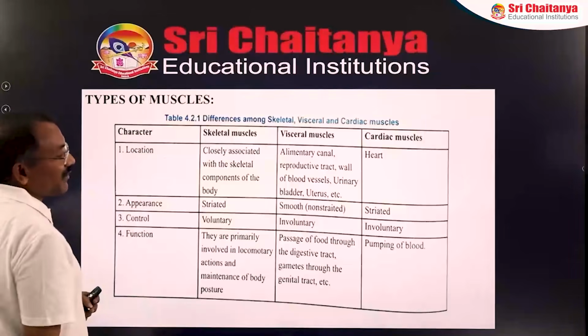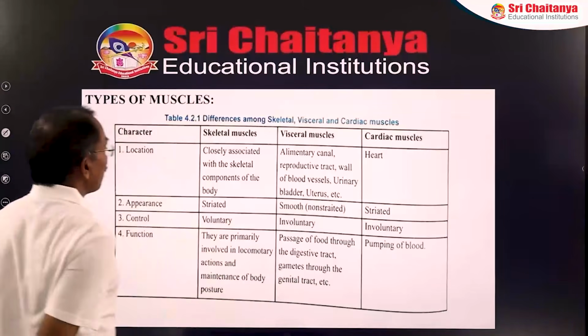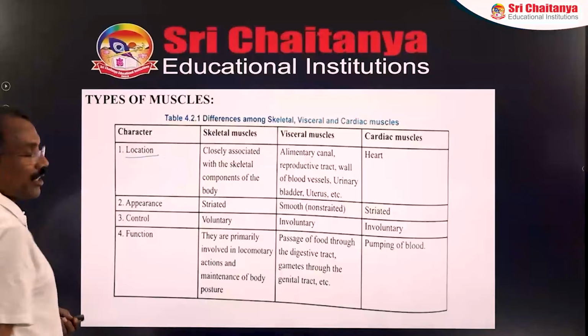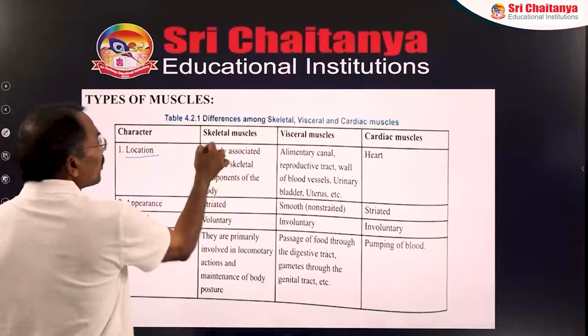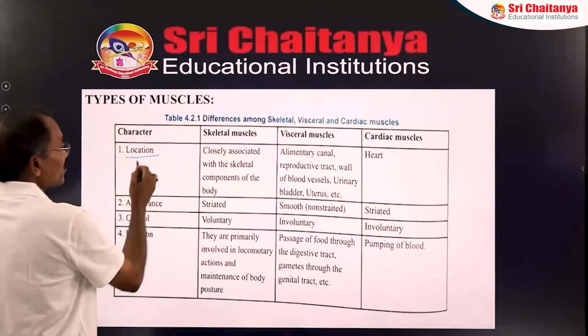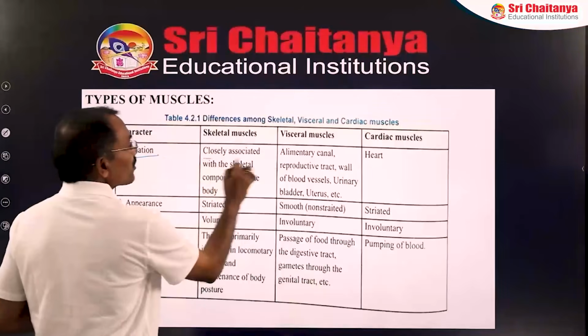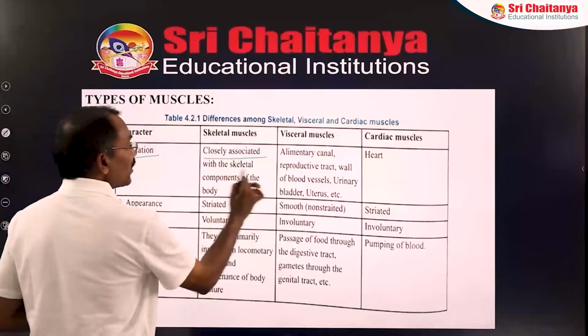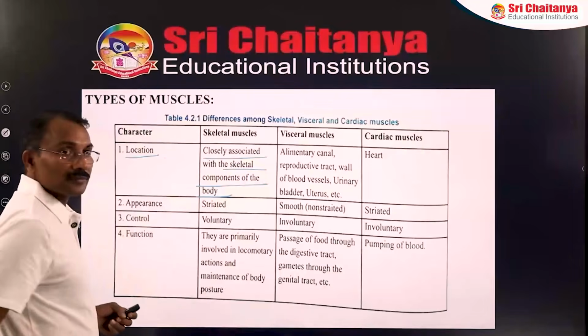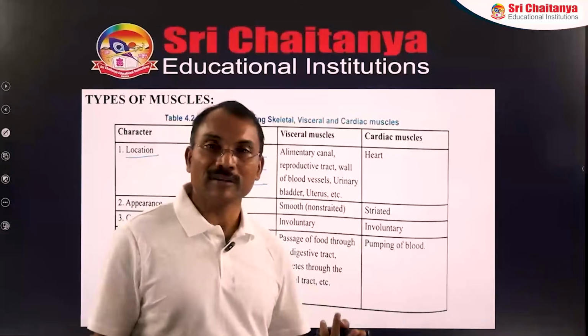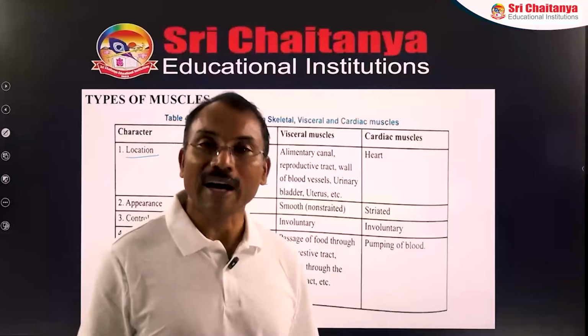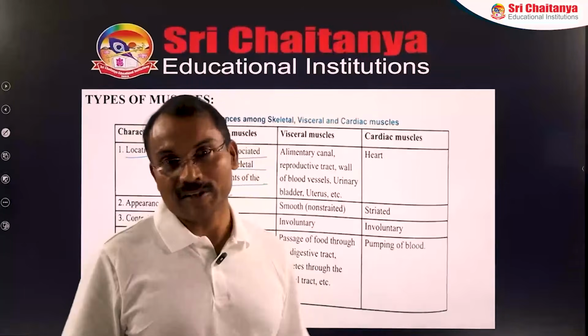Regarding the characteristic features of these three types of muscles, first is location. Where are they present? Skeletal muscles are closely associated with skeletal components of the body, such as forelimbs, hind limbs, ribs, etc.